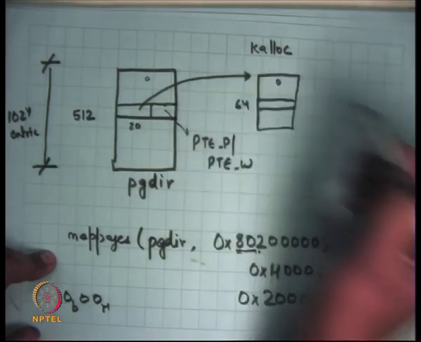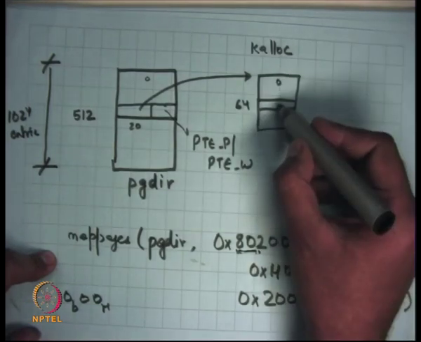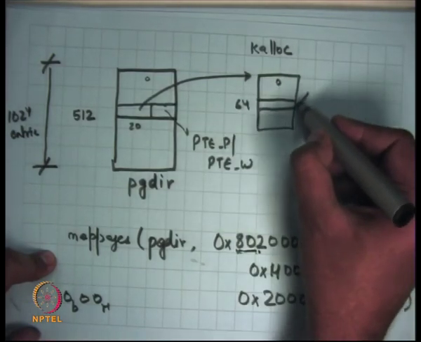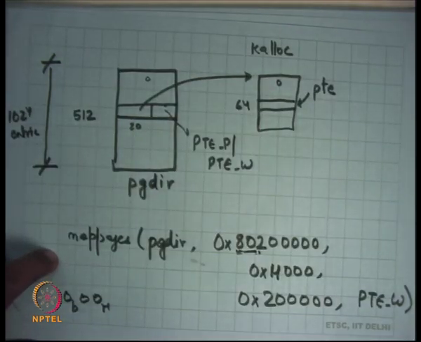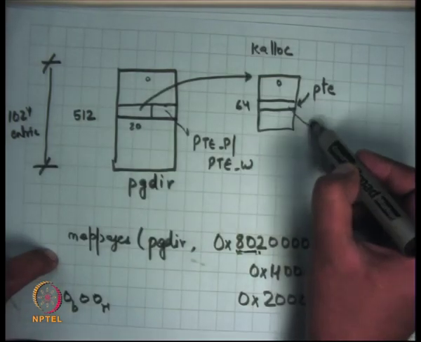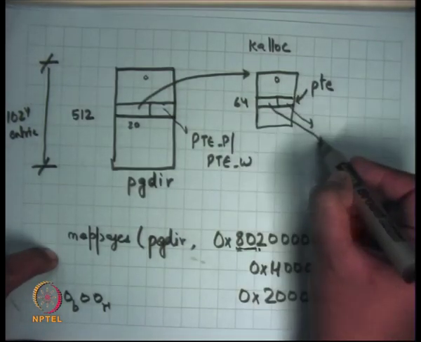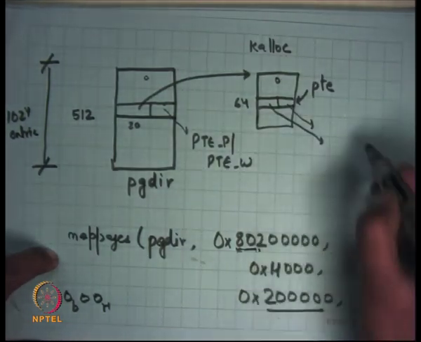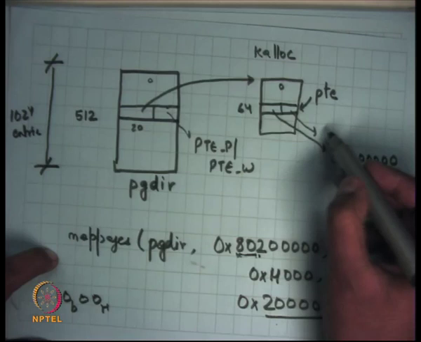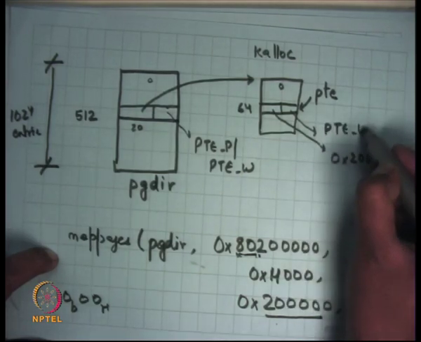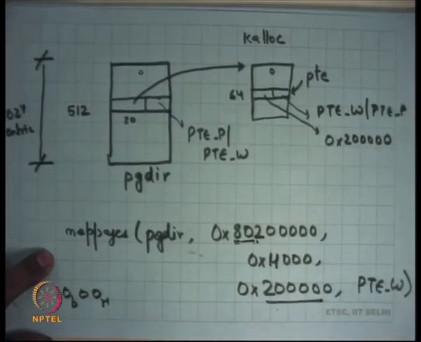Okay, maybe I'm wrong, but let's just assume that it's the 64th entry here. So everything else is going to be 0, but the pointer to the 64th entry will be called the page table entry pointer, and I'm going to set that to point to what? The top 20 bits are going to point to this address, right, 0x2 and 5 zeros, and the flags are going to say PTEW and PTEP, right, and that's it.